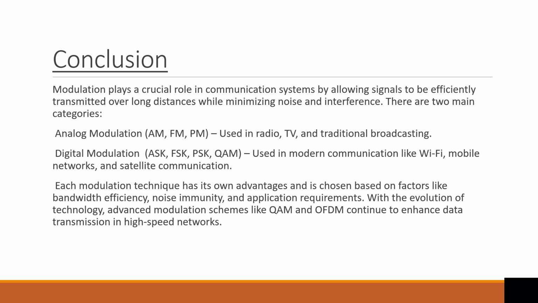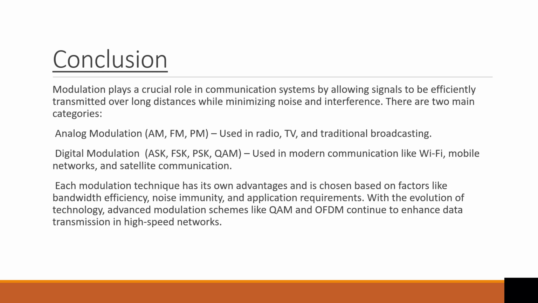Modulation plays a crucial role in communication systems by allowing signals to be efficiently transmitted over long distances while minimizing noise and interference. There are two main categories: first, analog modulation, and second, digital modulation.